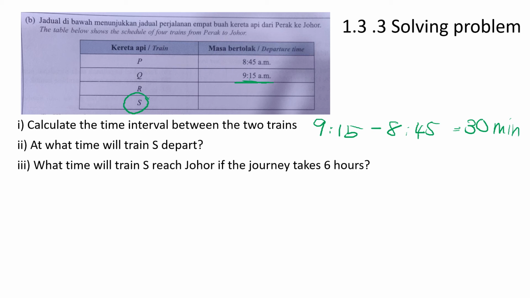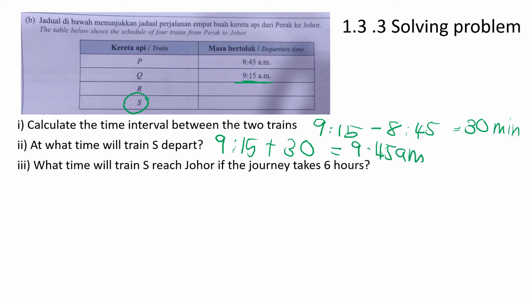Pukul berapa kereta api S akan bertolak? So, to know when train S will depart, we need to know R. What is the time for train R to move? Pukul berapa dia bergerak? Because we already know the time interval is 30 minutes, from 9:15, we add 30 minutes. So, train R will depart at 9:45 am.